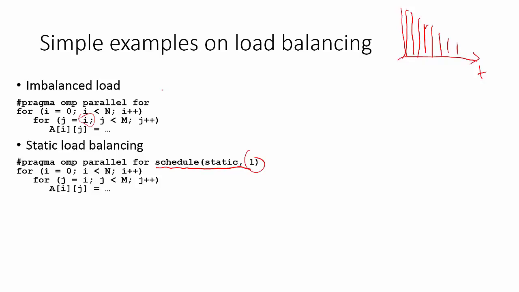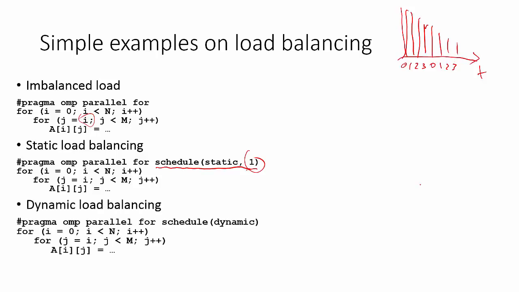Here we partition it with one iteration each, which means that you have thread 0, thread 1, thread 2, thread 3, and if you have 4 threads, you begin again with thread 0. So if you have many iterations, the workload of each thread will be roughly the same. Not exactly the same, but roughly the same. If you still have few iterations, this will still show load imbalance.